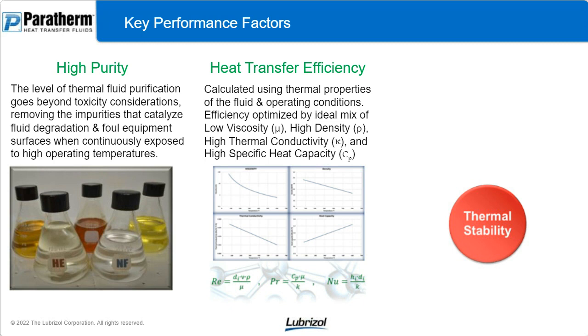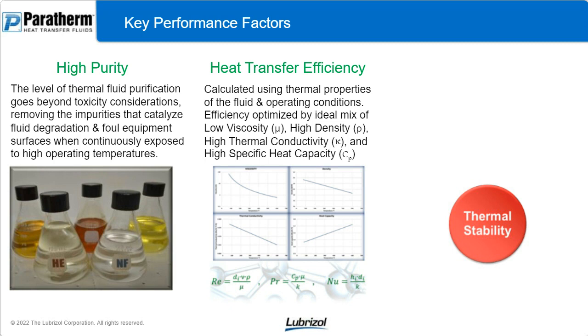So we're calculating these efficiencies based off of the product parameters, the data points that go along with temperature changes in the fluid. An ideal efficiency optimization will have a lower viscosity, a higher density, a higher thermal conductivity, the ability of that fluid to produce and release the heat, and a higher specific heat capacity, how well that fluid holds on to the heat as it's moving through the system and picks it up, right?